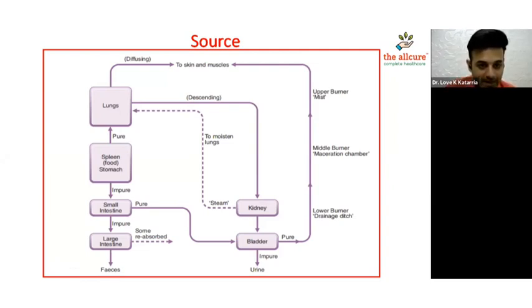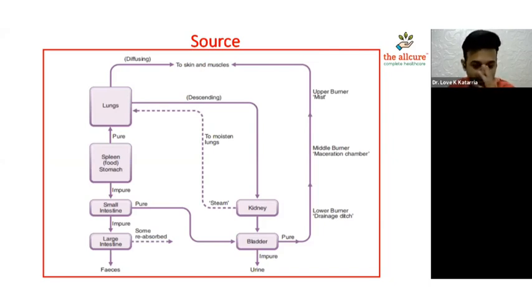Now let's come back to the spleen and stomach part. From there, the pure part has gone to lungs, and the impure part moves to the small intestine. As we have already seen the medical part of it, the small intestine has the function of segregating the pure and impure. The good part is taken, the bad part is given to the large intestine.